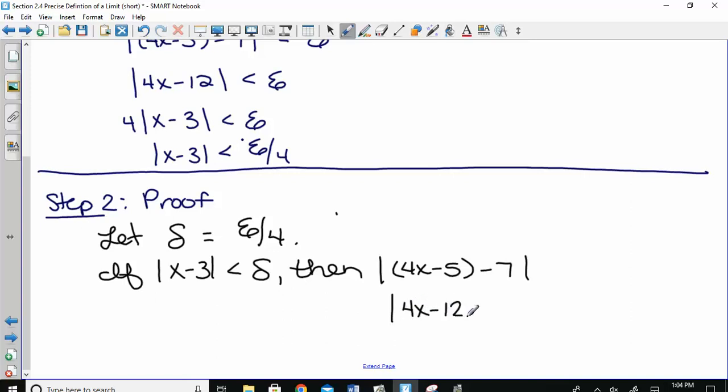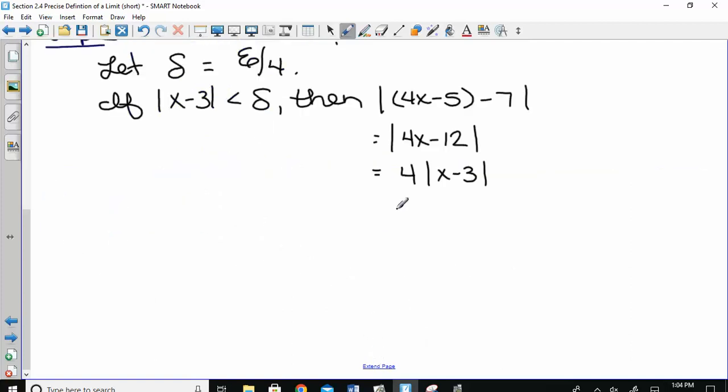So we combine like terms. We can factor out the 4. But I know now, I said that the absolute value of x minus 3 is less than delta. So this statement would have to be less than 4 delta.